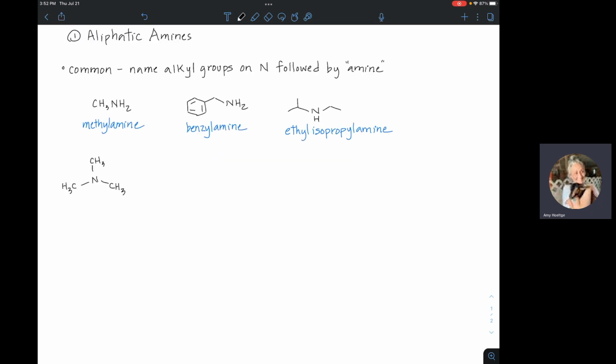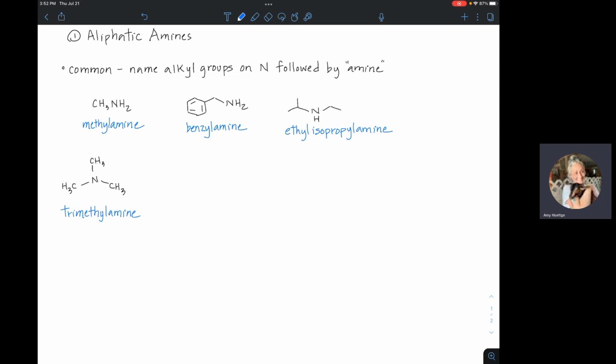So even the tertiary amine has a lone pair, meaning all of these nitrogens are sp3 hybridized, right? We have four electron domains, I should say. So this is trimethylamine. So that's our common nomenclature.